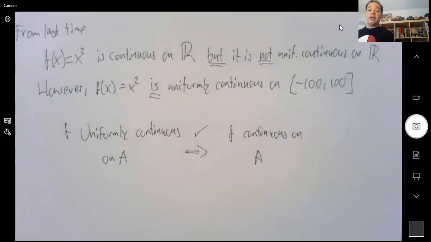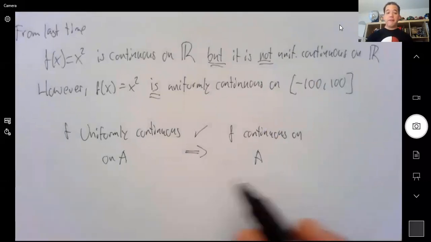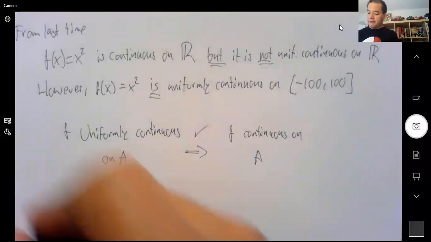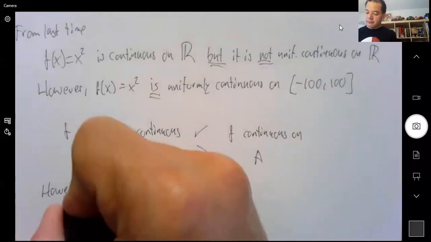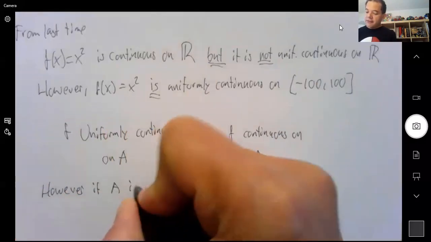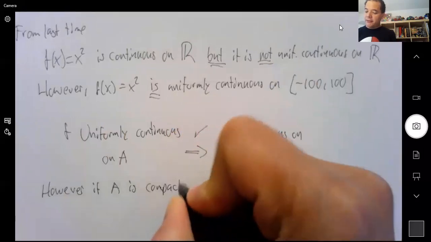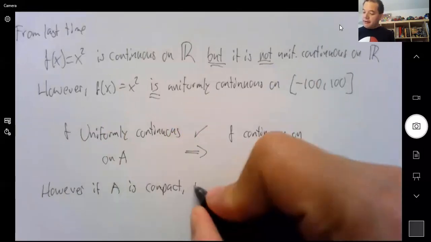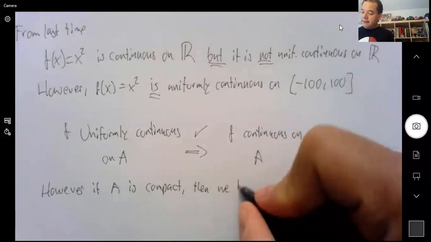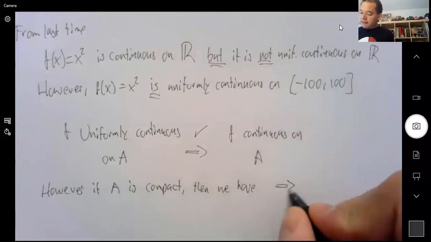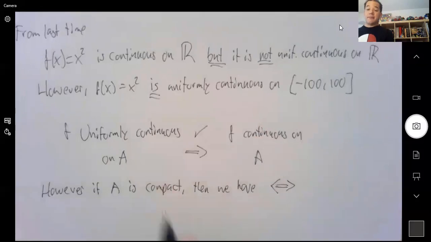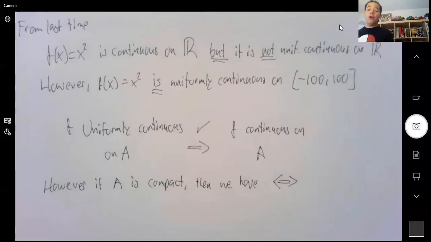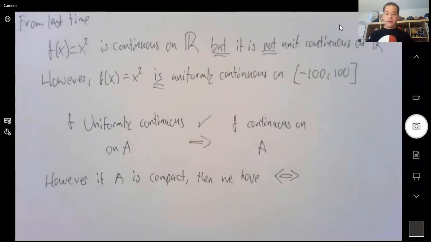However, if we add a hypothesis to A, then this could be an if and only if. If A is compact, that's the result we announced last time, then we have if and only if. Then it's the same; you can talk about continuity, or you can talk about uniform continuity. You get exactly the same thing. So that's the next thing we're going to see.